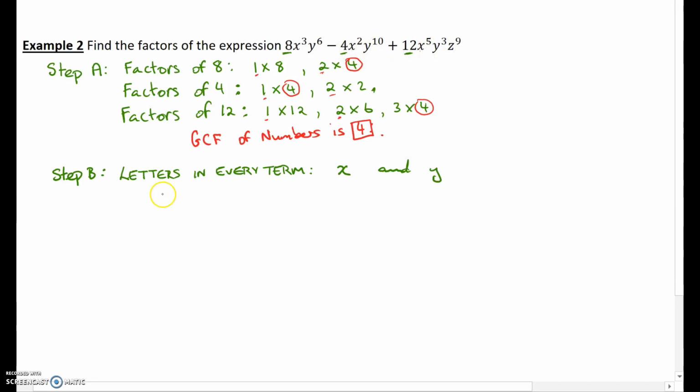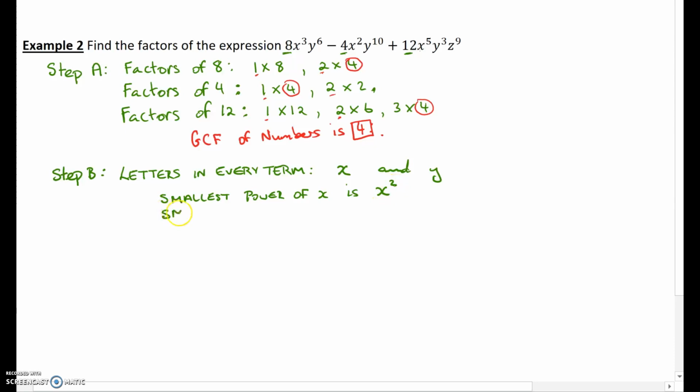Okay, we also need to know the smallest power that appears. So the smallest power of X in this entire expression is, there's an X cubed, an X squared, and an X to the power of 5, so X squared.